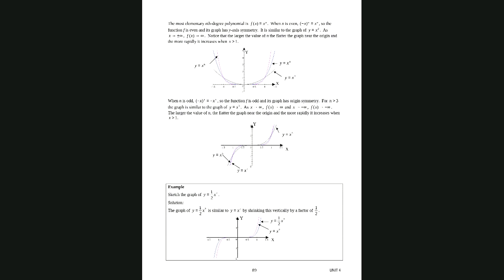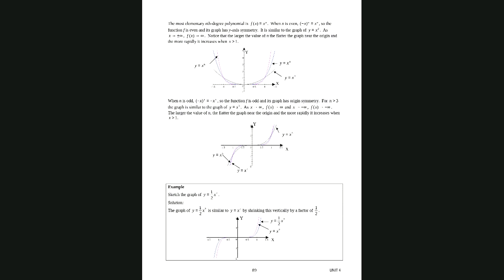For graphs of polynomials whose highest exponent is an odd number, it is like this: as the odd numbers begin to increase, the base of the graph also begins to expand.